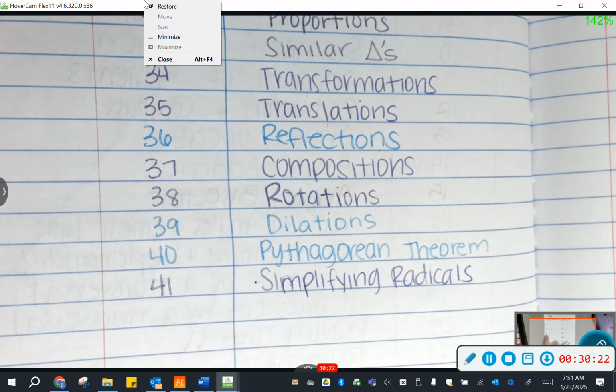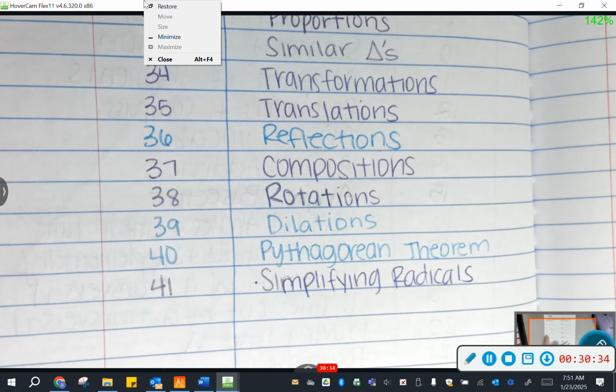Do them and turn it in, please. You're doing 2, 4, 6, 8, and 10. Wait, what about 12? And 12, sorry. 2, 4, 6, 8, 10, 12.